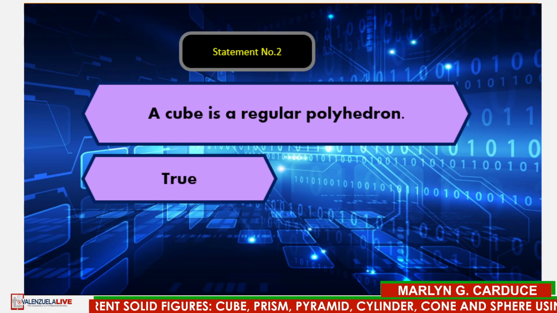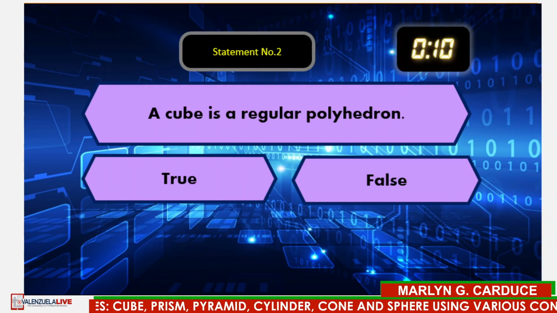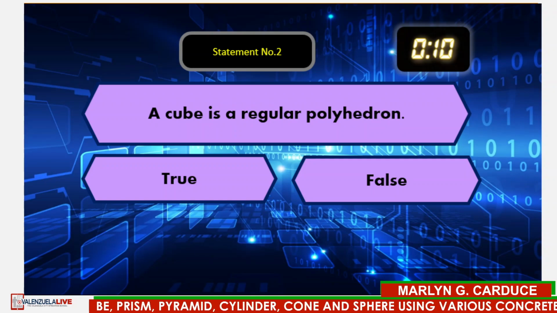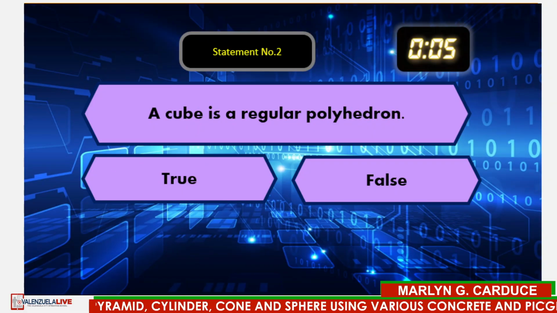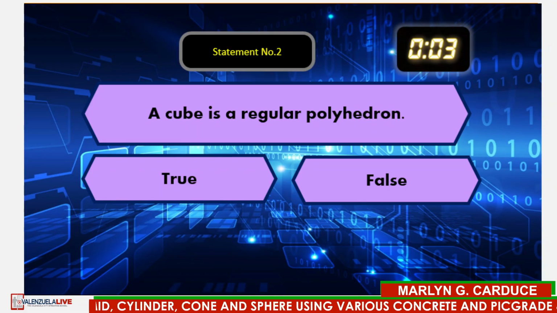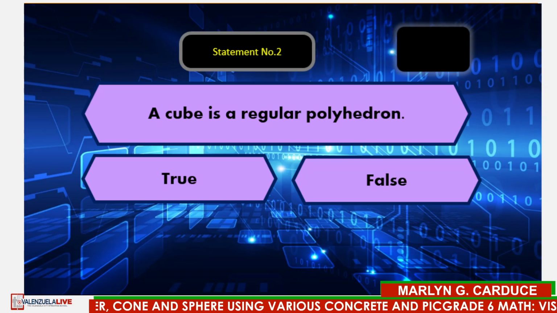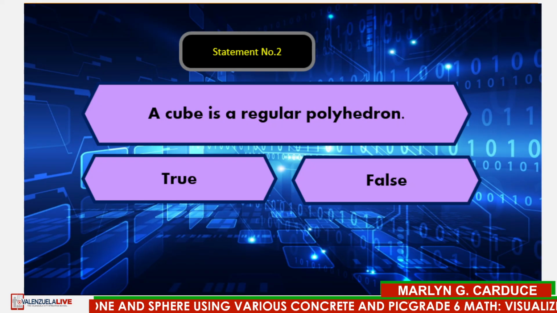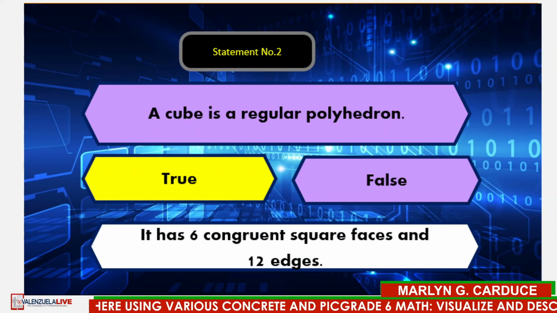Is this statement true or false? Okay, time's up. The correct answer is true. So a cube has 6 congruent square faces and 12 edges.